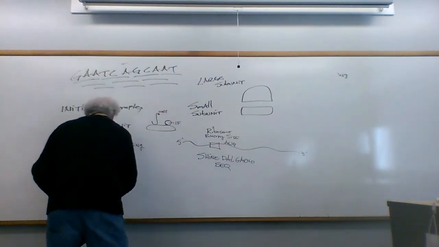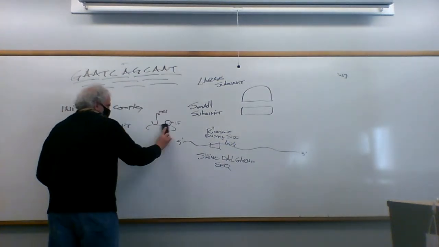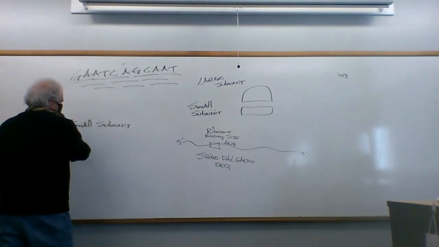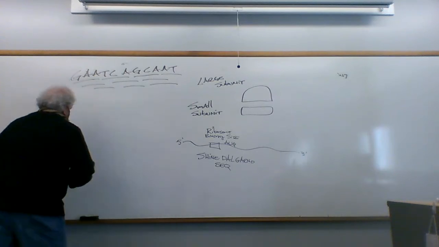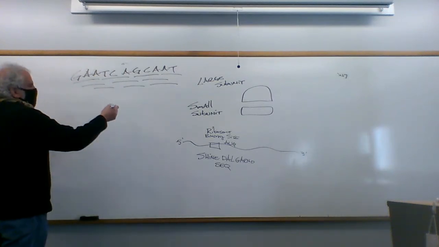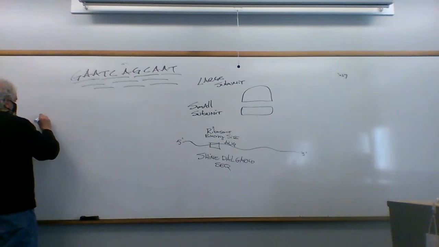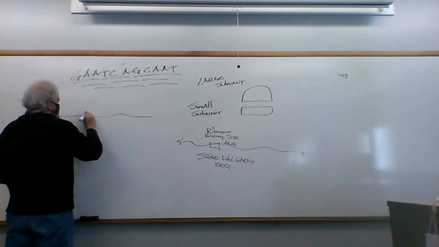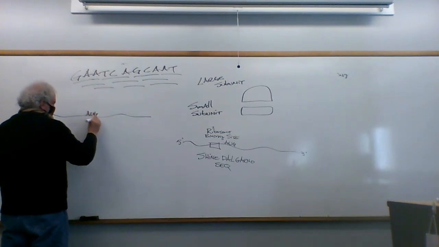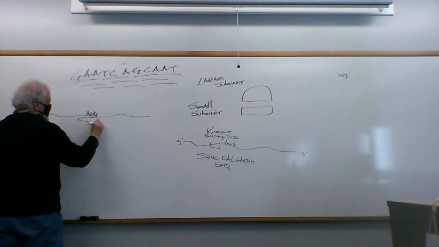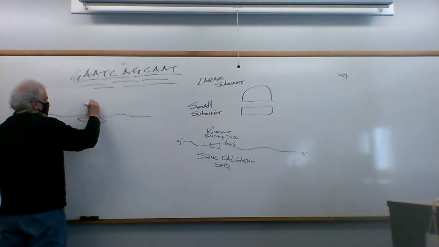We're going to erase for a second and get a little bit better diagram. And it begins translation. So we can think of it now like this. We've got the 5', here's the AUG, the small subunit and its tRNA binds here with the methionine.